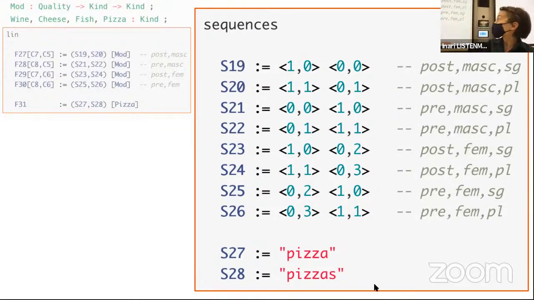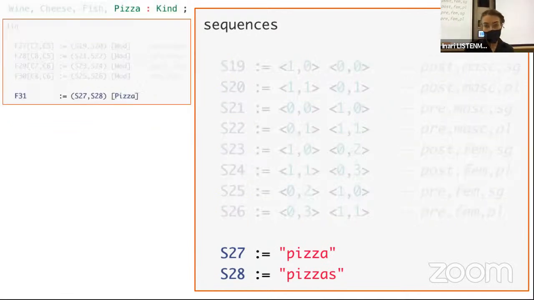So what's a sequence? They define the actual action that happens to the arguments. This looks nothing like GF syntax anymore. This is extremely primitive. So okay, let's take an example.